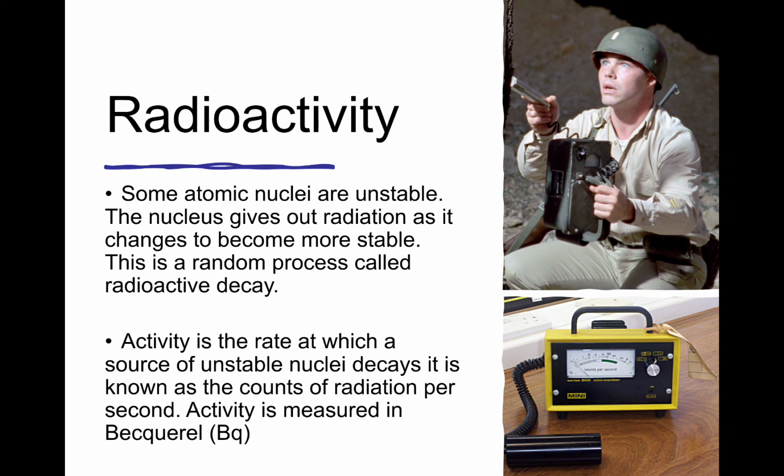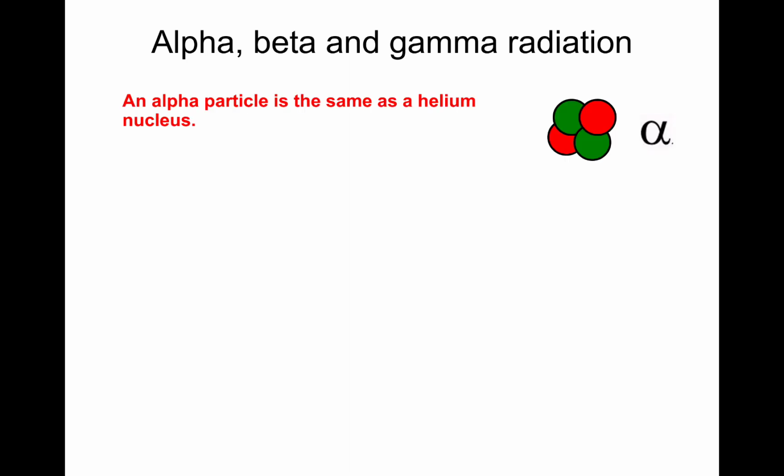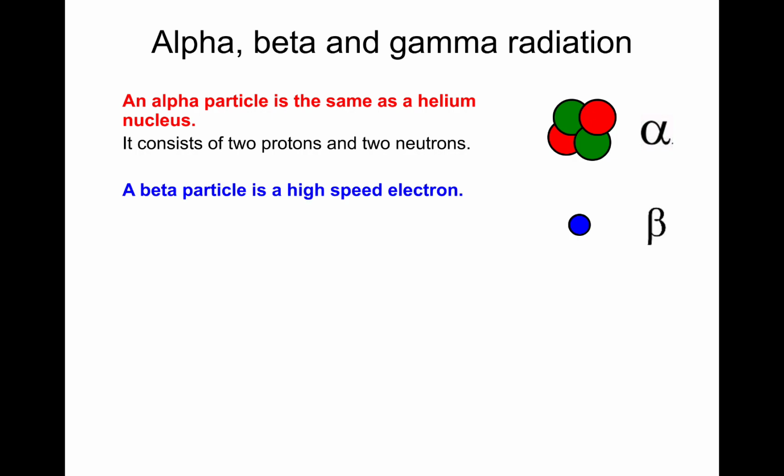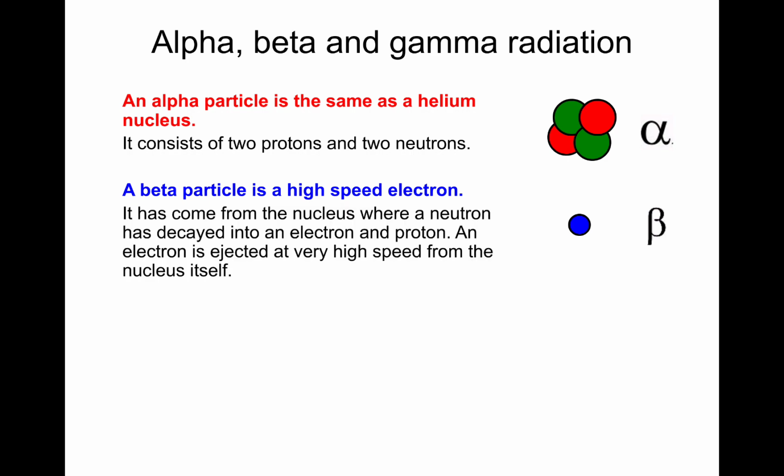Let's move on to the different types of radiation. So alpha, beta, and gamma. An alpha particle is the same as a helium nucleus. So that would be 2 protons and 2 neutrons. We talked about this in the Rutherford scattering experiment. A beta particle would be a high-speed electron.